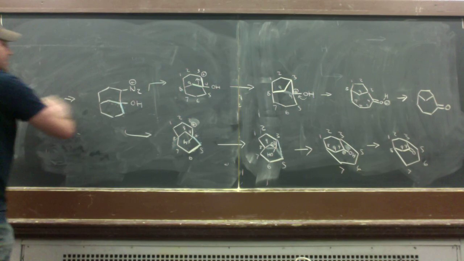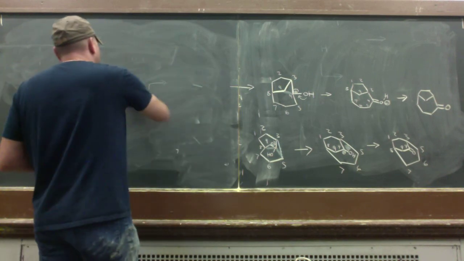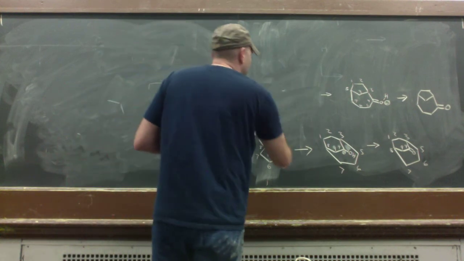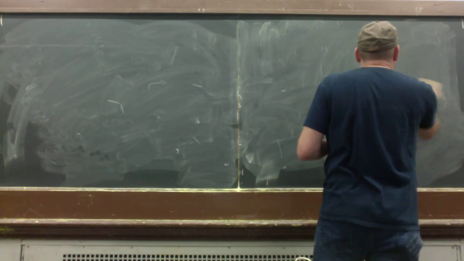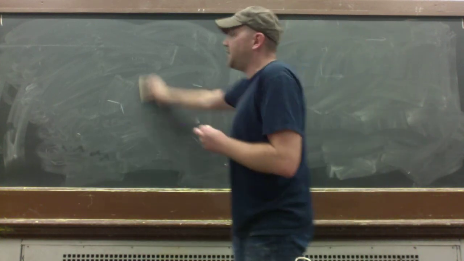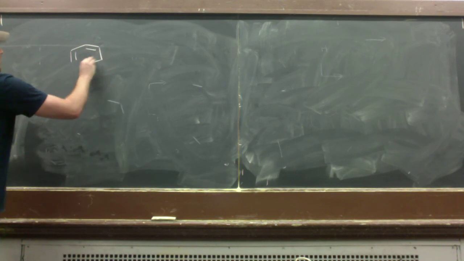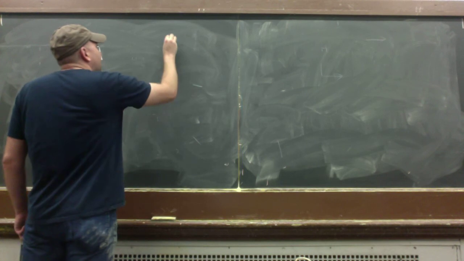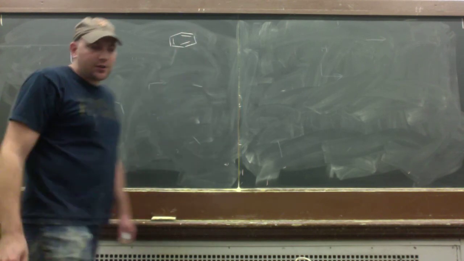All right, so let's do a synthesis problem. Okay, so let's pretend that the year is 19-something. So it's a different world that we live in, and I isolated two compounds in a reaction.